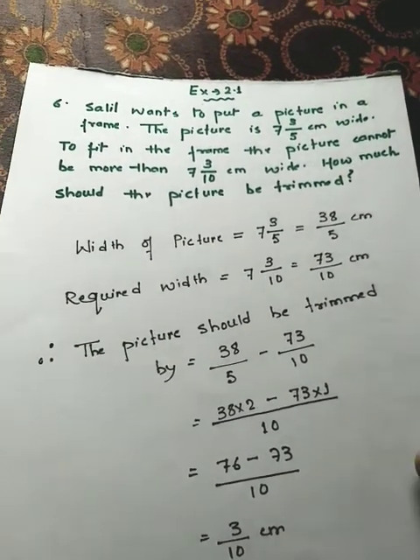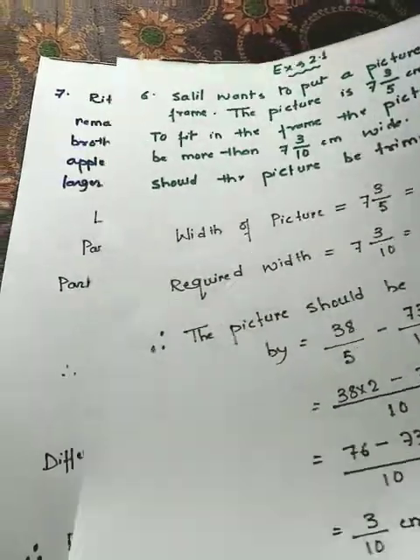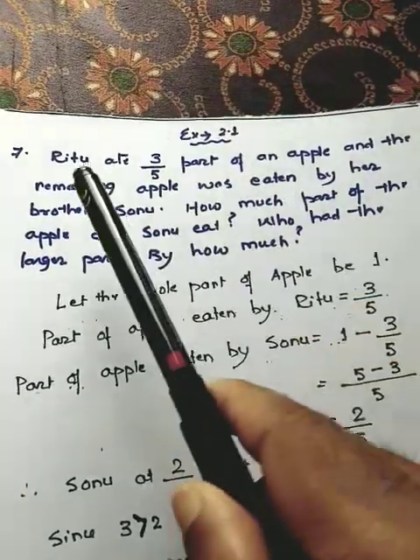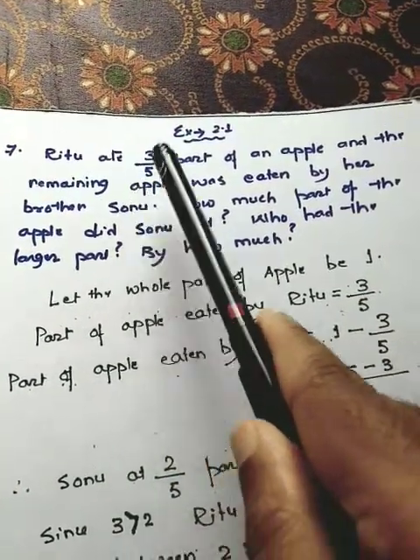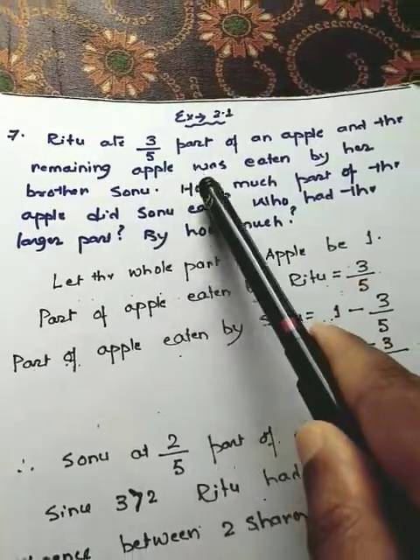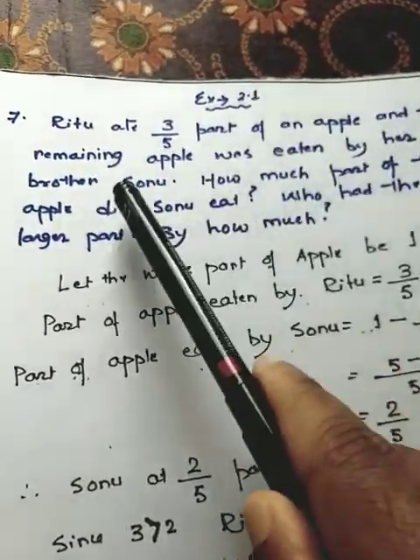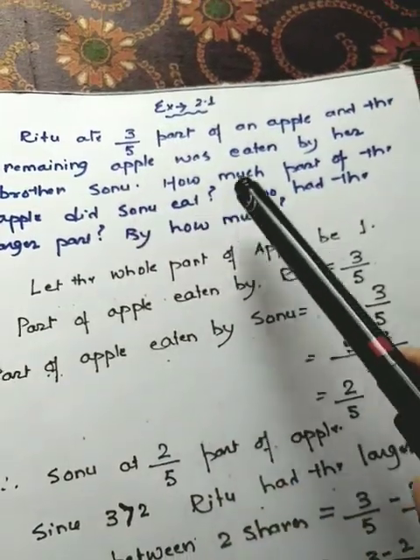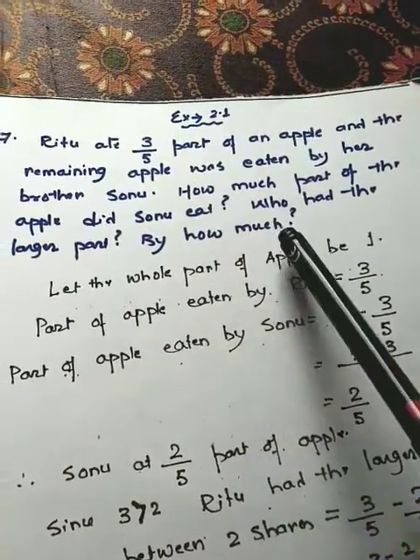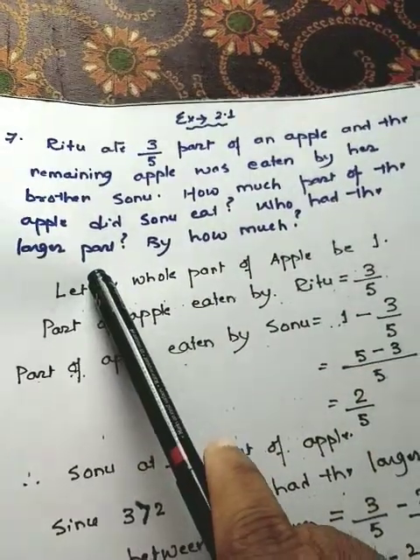Okay. Now let's move on to question number 7. Question number 7 is very interesting. Ritu ate 3 by 5 part of an apple and the remaining apple was eaten by her brother Sonu. How much part of the apple did Sonu eat, who had the larger part, and by how much?